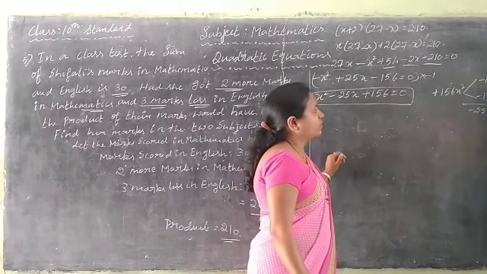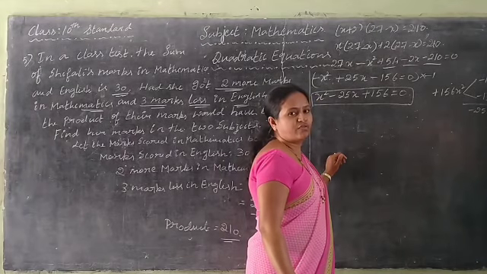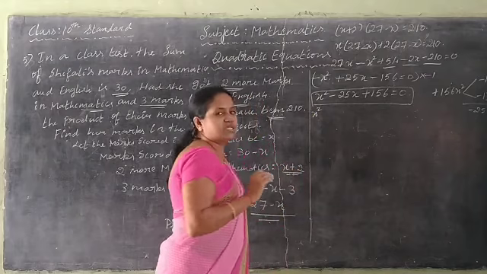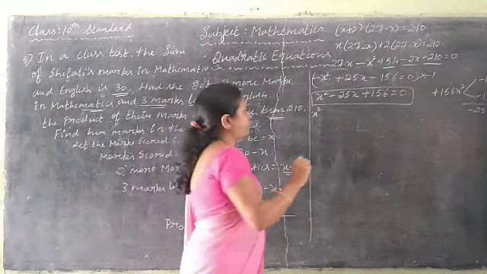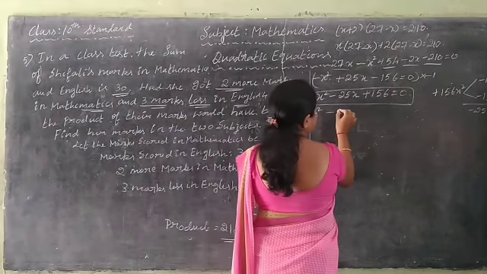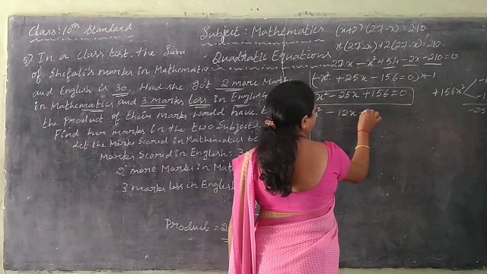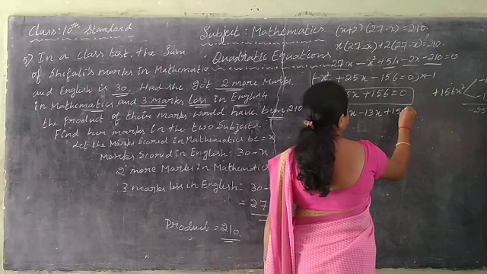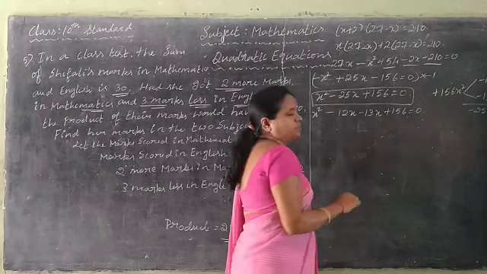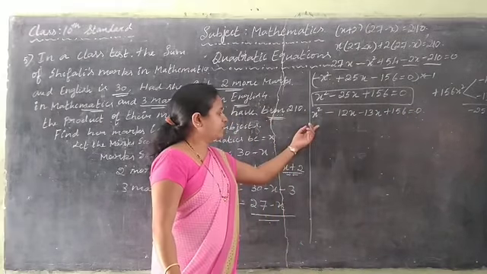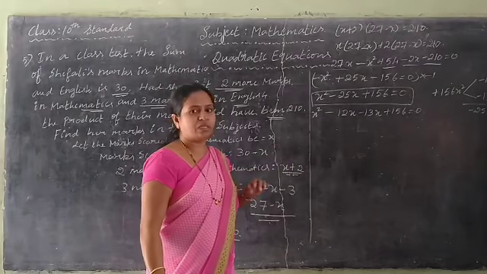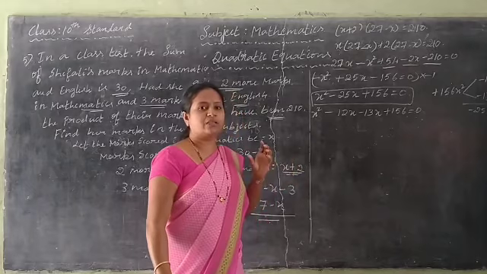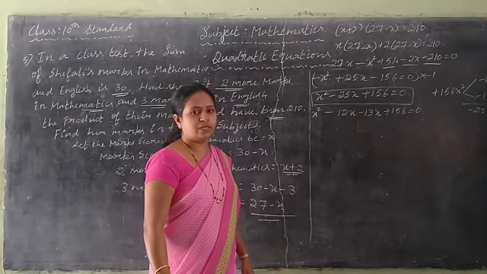In the same way, when we multiply, we get plus 156 x square. Right. Now, write the first term as is without any change. In place of the middle term, children, write the two factors: x square minus 12x minus 13x plus 156 is equal to 0. Right. So we have to write the first term as is and the last term as is without any change. In place of the middle term, we have taken the two factors that we have to write.